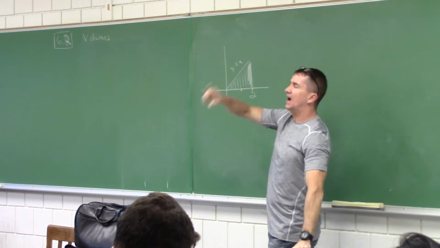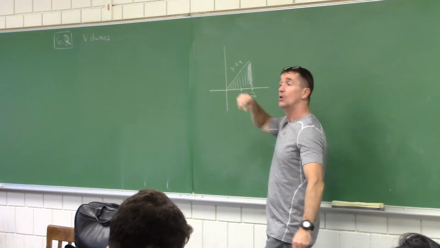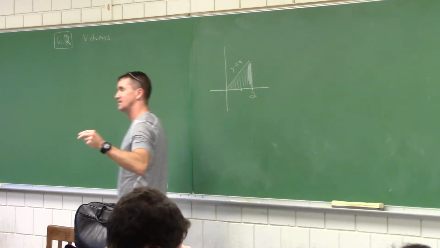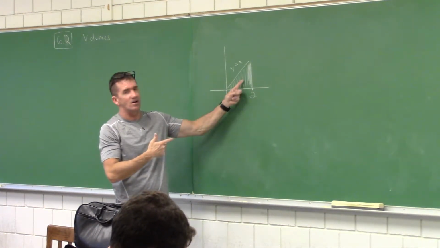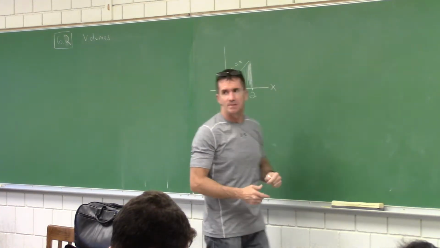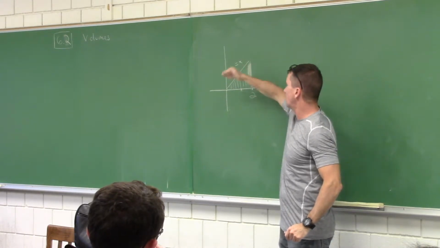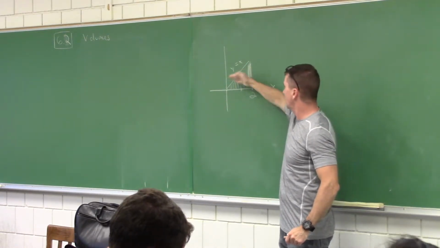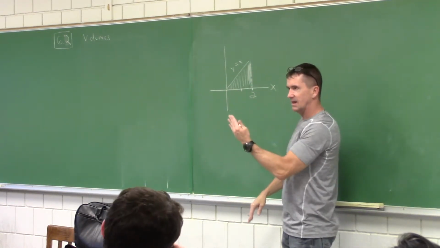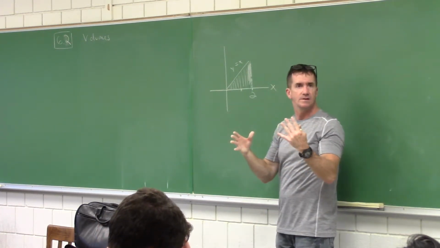We're going to find the volume of the solid. That's an area. We're going to find the volume of the solid such that this area is revolved around the x-axis to form that solid. So if this area right here gets revolved around the x-axis, like this, we're going to find the volume of that solid.